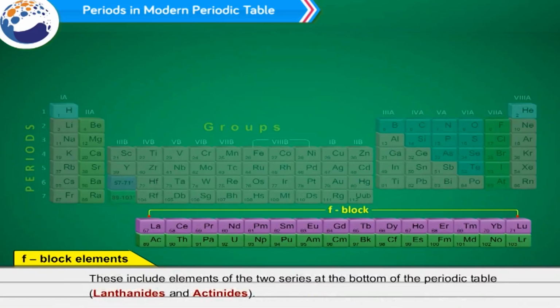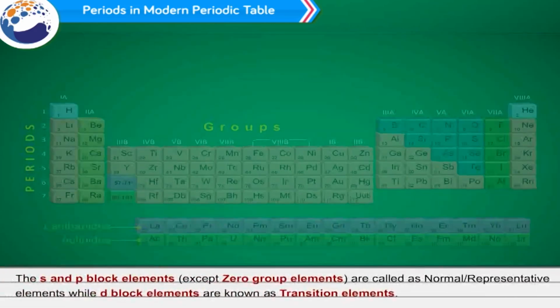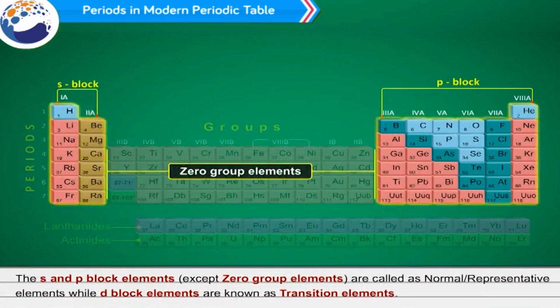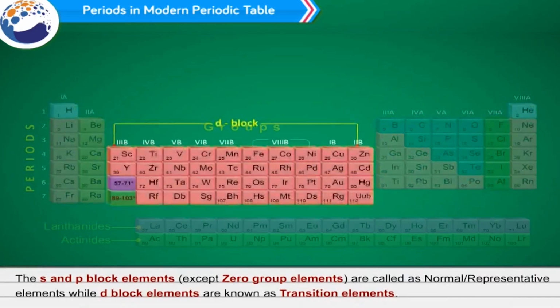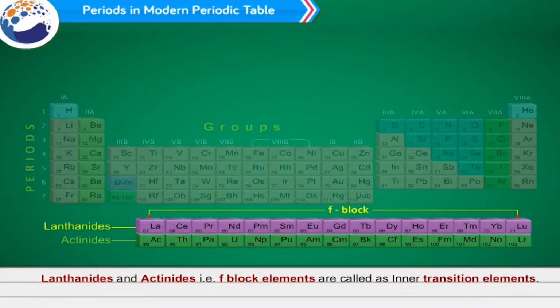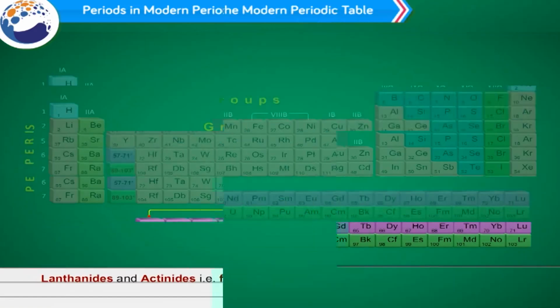These include the 2 series at the bottom of the periodic table, that is lanthanides and actinides. The s and p block elements, except zero group elements, are called normal or representative elements, while d block elements are known as transition elements. Lanthanides and actinides, that is f block elements, are called inner transition elements.